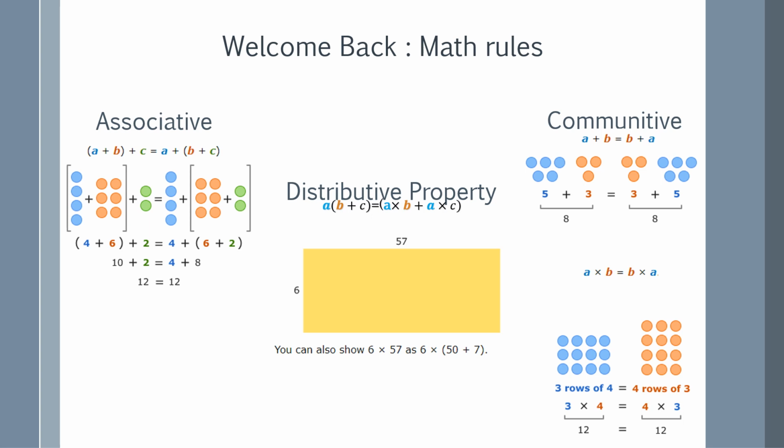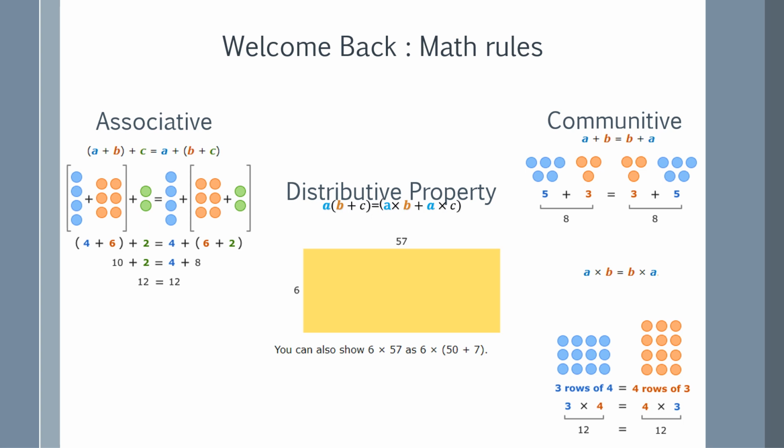Let's talk about some other math rules which will help us out. You've got three properties here. You've got associative, distributive, and commutative. So let me work with commutative first. Commutative is saying that if you add 2 numbers together, the order does not matter when you are adding.